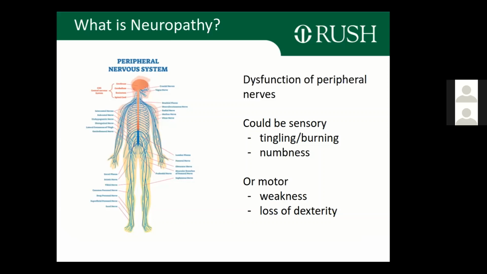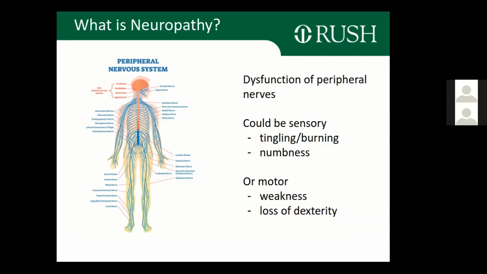So, the three most common problems that I see from the medical oncologist would be the chemotherapy-induced peripheral neuropathy, as well as cognitive memory problems, either related to chemotherapy or radiation, and brain metastases.